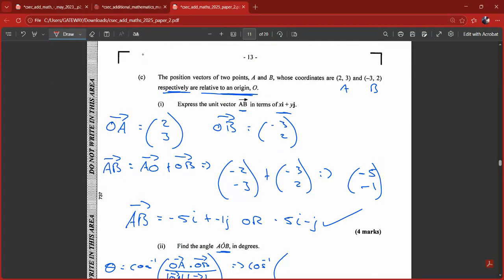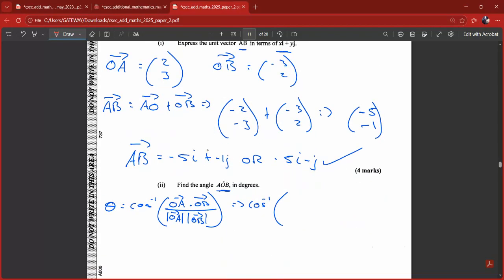OA dot OB will be 2 by negative 3 is negative 6, plus 3 by 2 is 6. Again, 0. So that is the product.